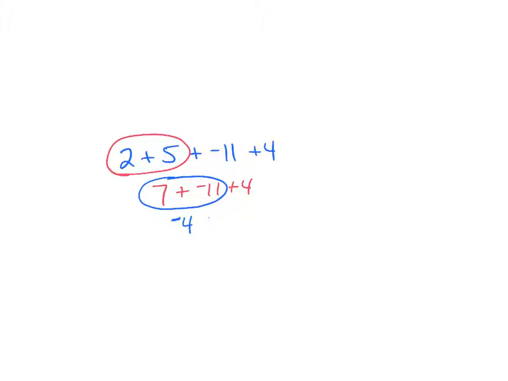So now I have negative 4 plus 4. I'm going to add those together again, and once again, because one's a positive, one's a negative, I'm really subtracting them, and I get a 0. In this particular case, I'm not going to have a positive or a negative, because 0 does not have a positive or a negative. The final answer to this is 0.